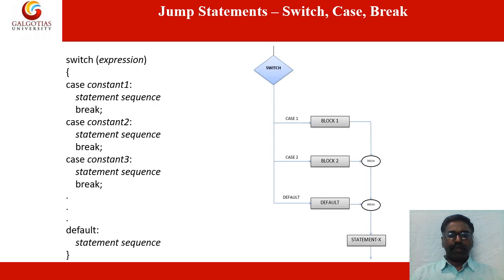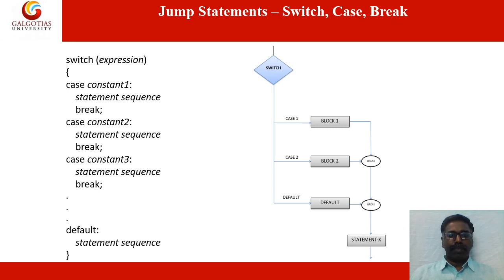The syntax of the switch control structure is given here, and the flowchart is also given here. A switch statement has an expression. This expression may be an evaluation resulting in an integer, a constant value, or a character value. Switch starts with curly braces and then several cases are listed.